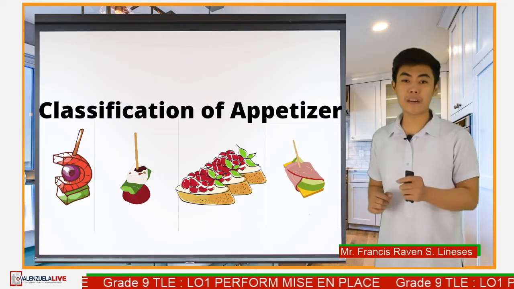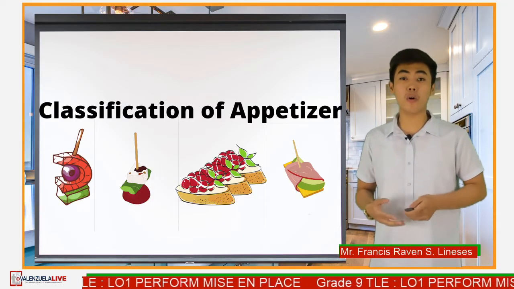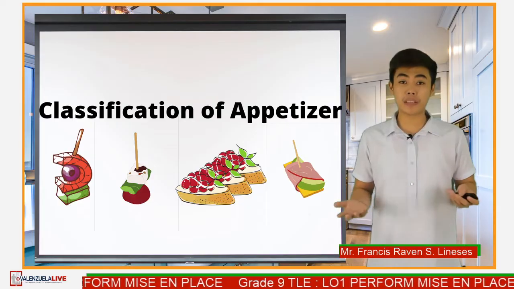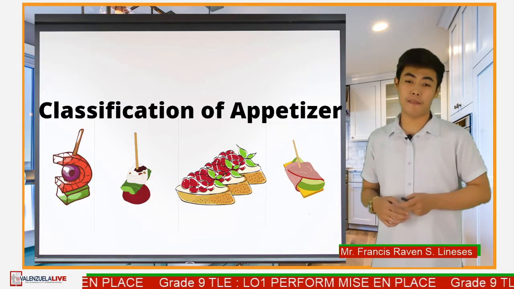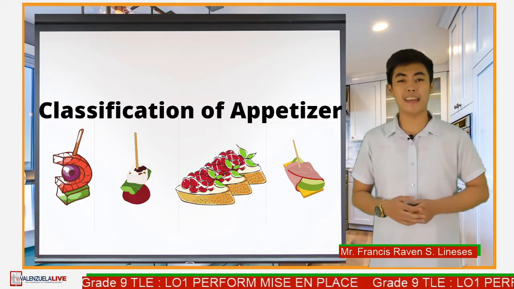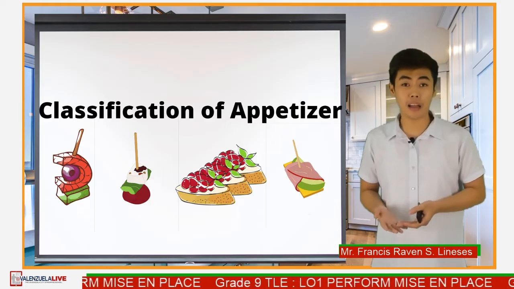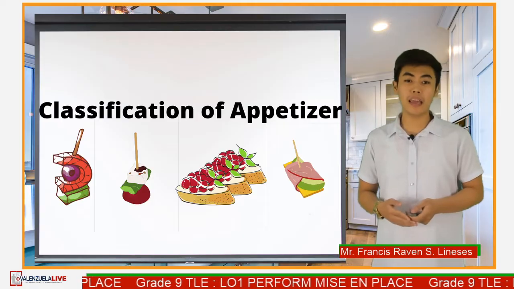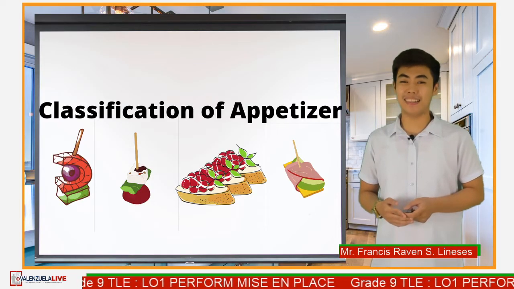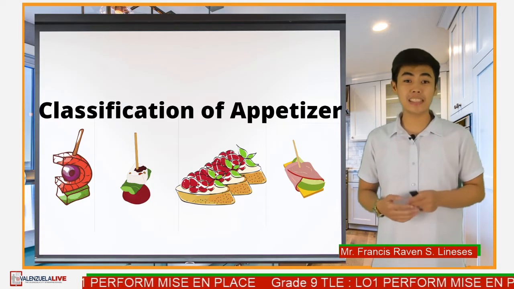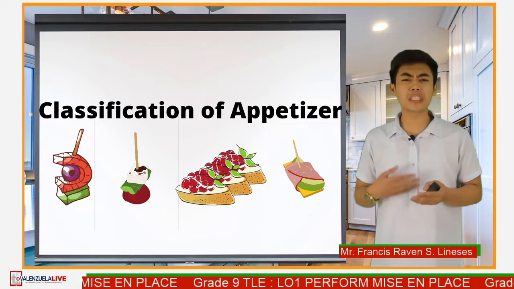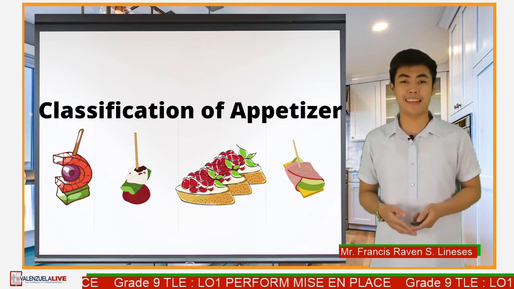Appetizer is served in a small portion or pieces. Appetizers usually have attractive appearance, fragrance, and flavor. A good appetizer, whether it is hot or cold, should be light and served in small quantities. It is highly seasoned, which stimulates one's appetite.